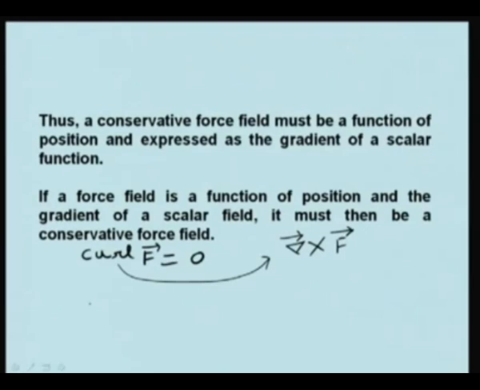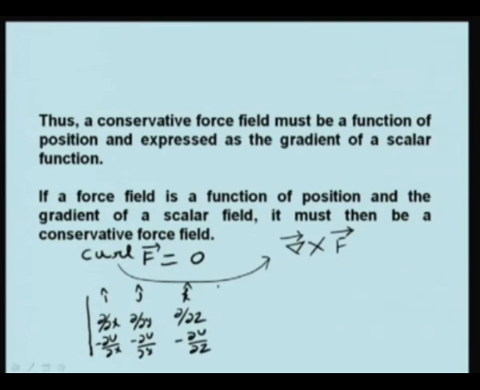Now, this can be written as a determinant with rows i, j, k; del by del x, del by del y, del by del z; and minus del U by del x, minus del U by del y, minus del U by del z, because a conservative force has these components.